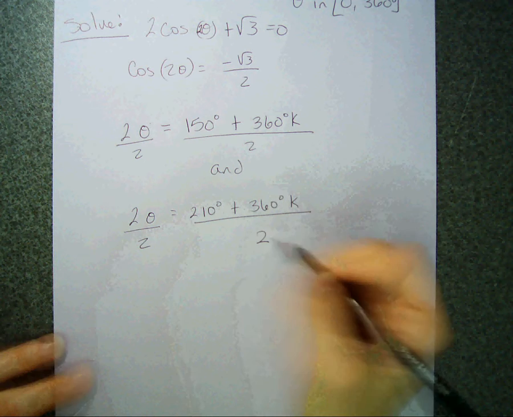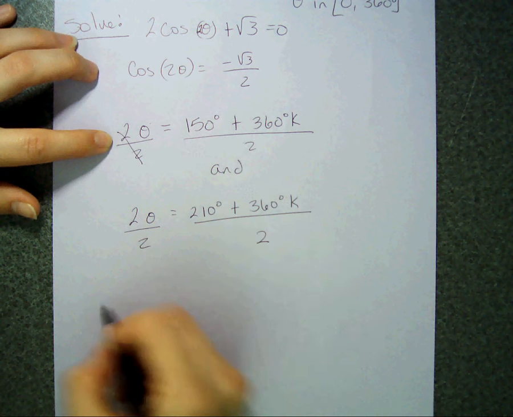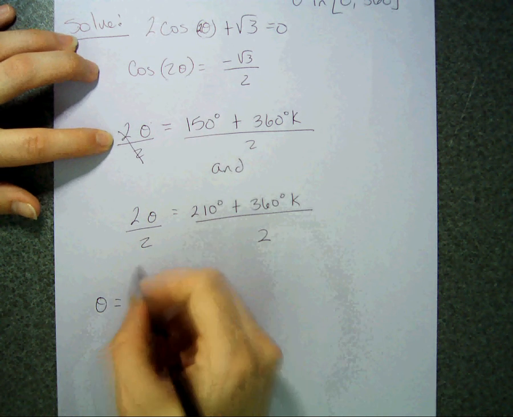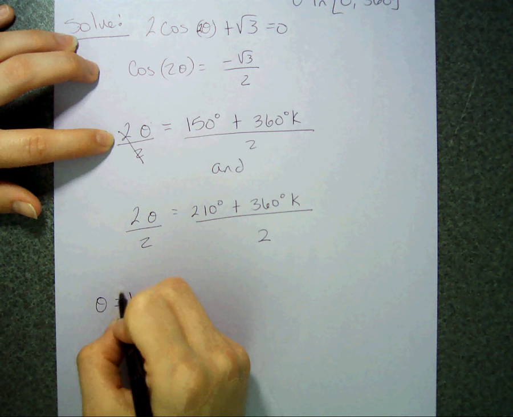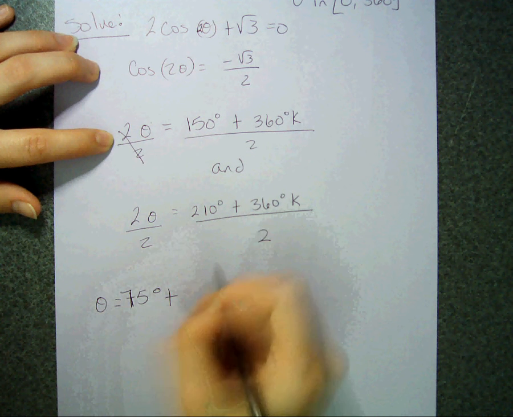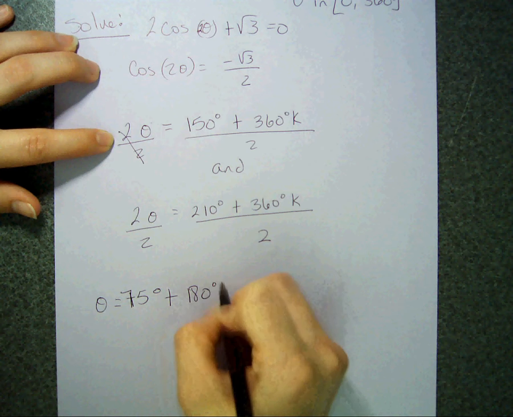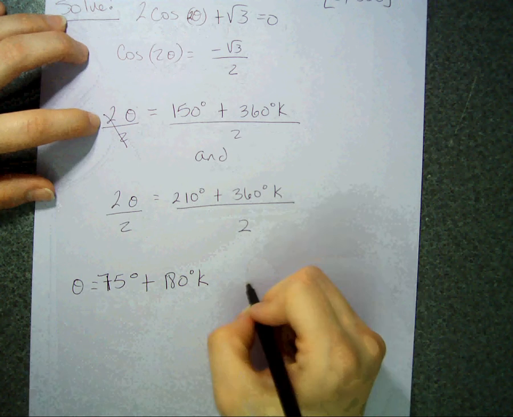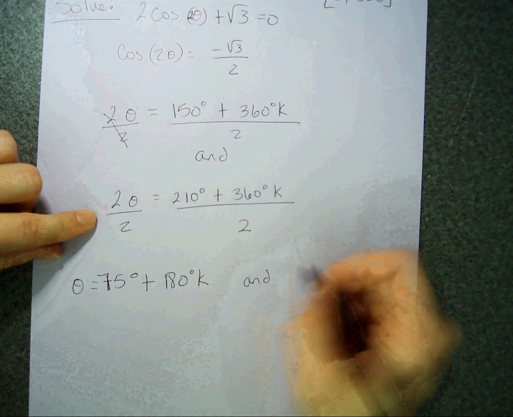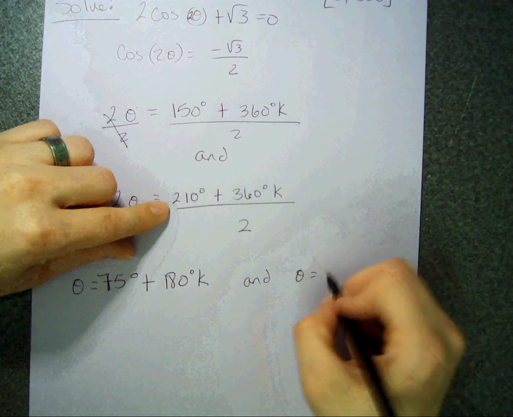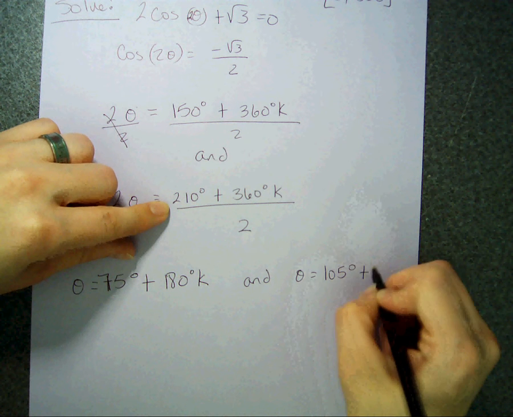And from the first set, I get theta is equal to 75 degrees plus 180 degrees k. And from the second, I get theta is equal to 105 degrees plus 180 degrees k.